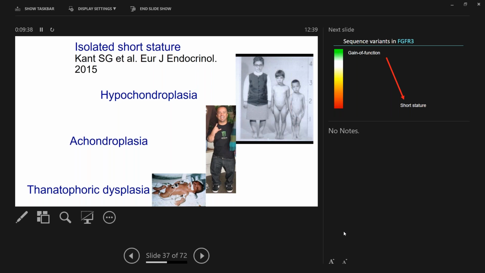If you have the typical glycine to arginine mutation at amino acid 380, you get the classic achondroplasia syndrome.